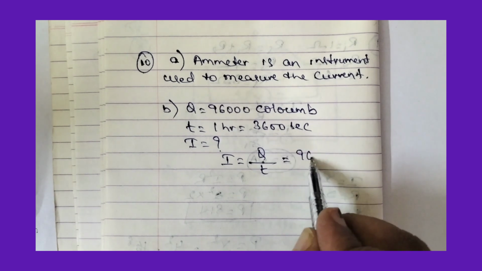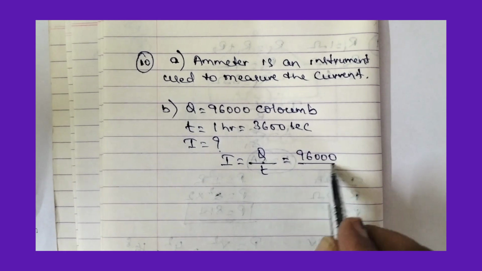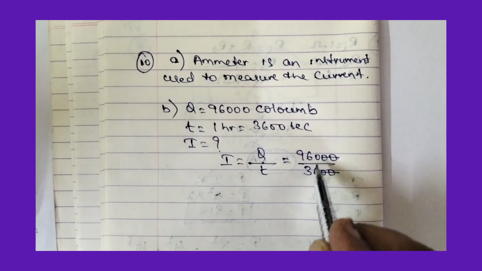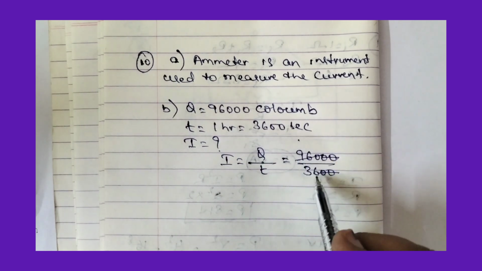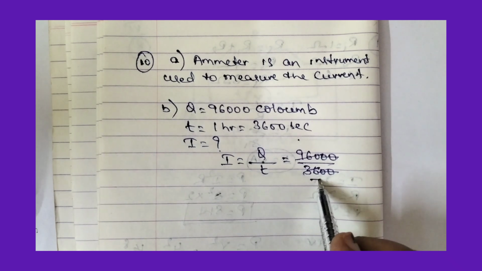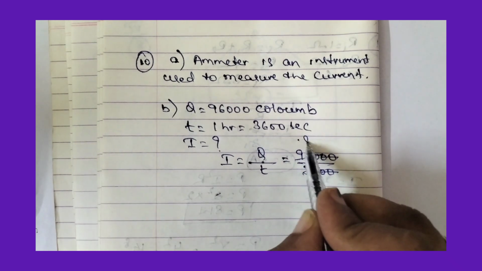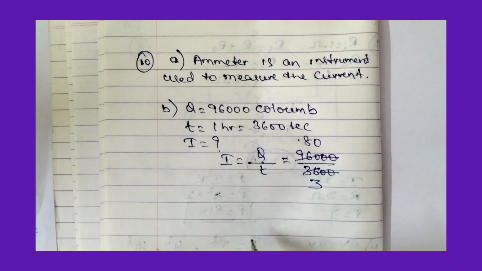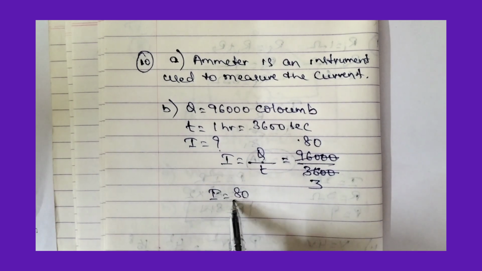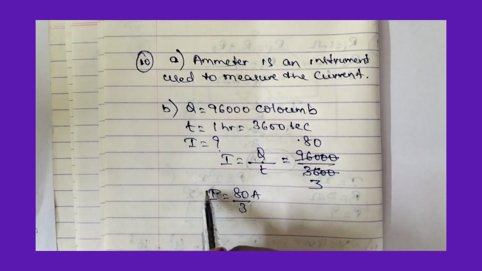That is 96,000 divided by 3,600. The zeros cancel. Then if I divide, 12 3s are 36, 12 8s are 96, then 0. So I will be equal to 80 by 3 ampere.